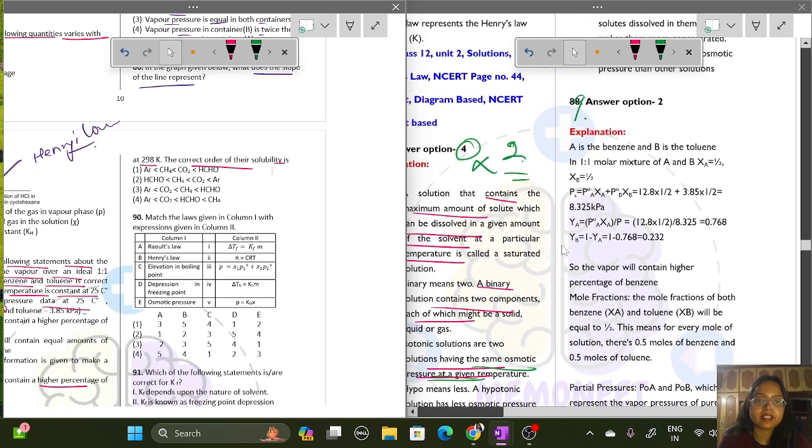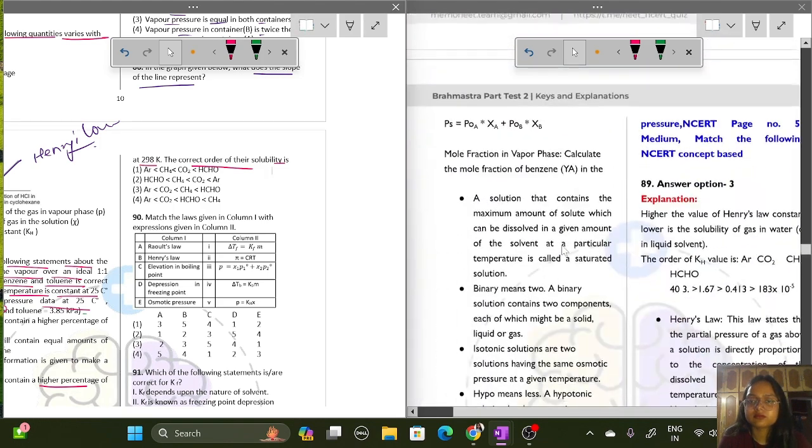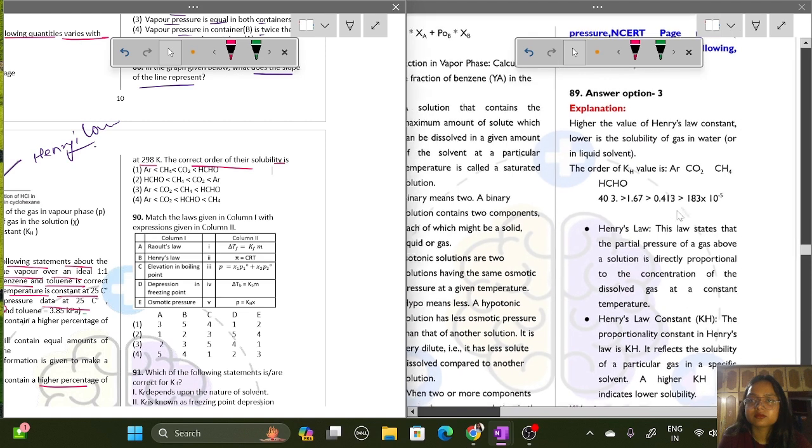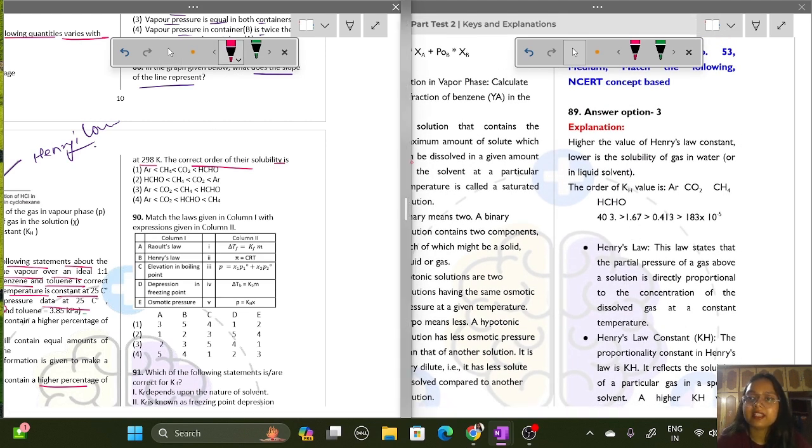Here it is, question number 89. The higher the value of Henry's law constant, the lower is the solubility in water.